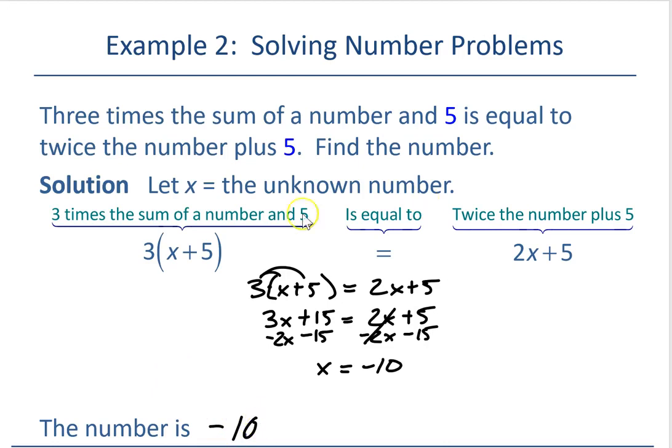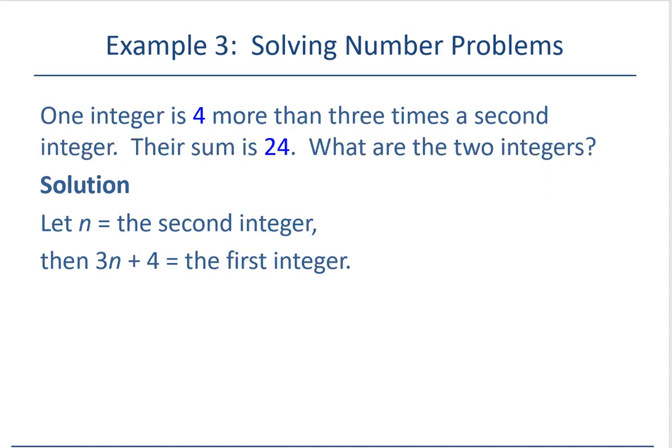Continuing on with some more examples, let's look at this one. One integer is 4 more than 3 times the second integer. Their sum is 24. What are the 2 integers?